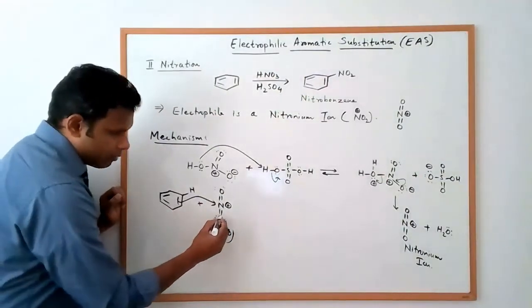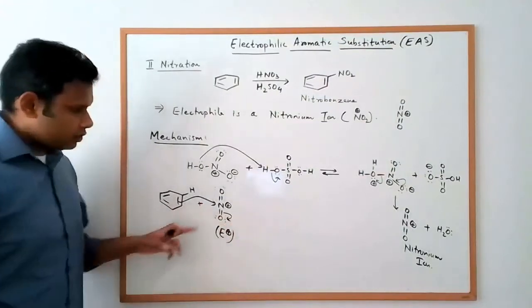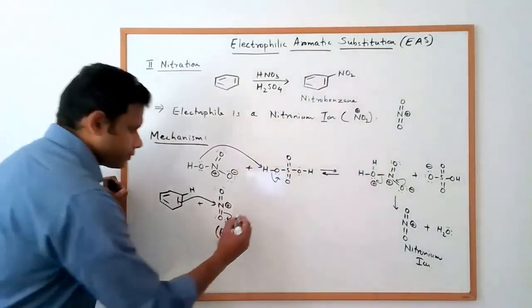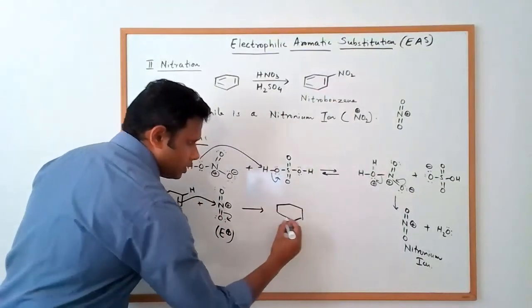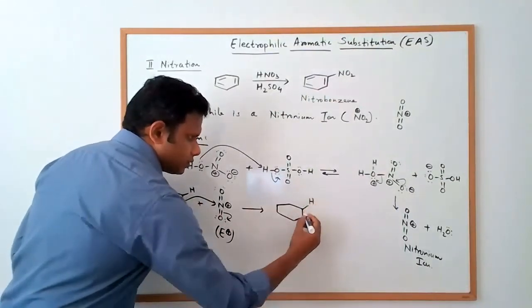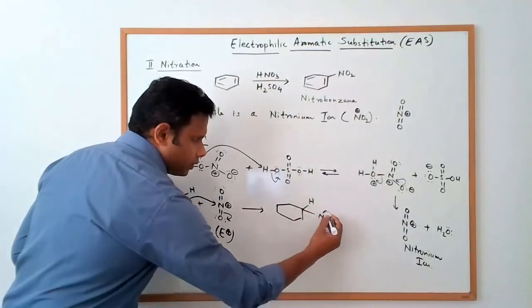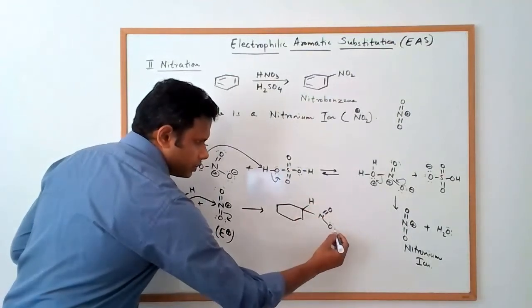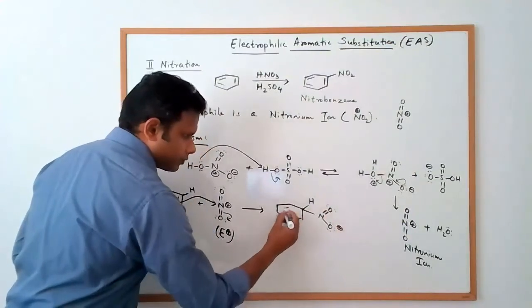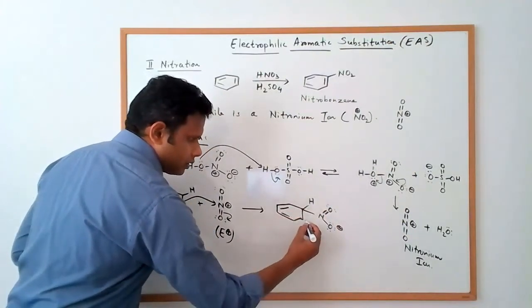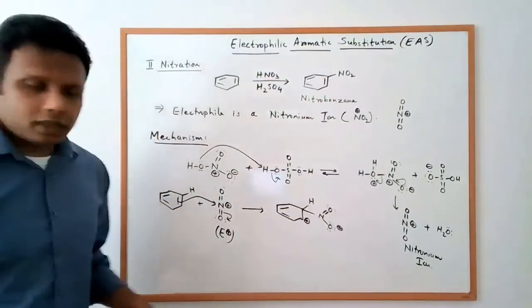And when that attack happens, the double bond will get pushed over. And so this will now take us to the sigma complex. The sigma complex is always formed in the electrophilic aromatic substitution.